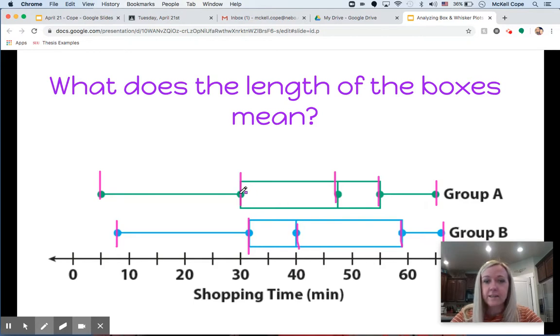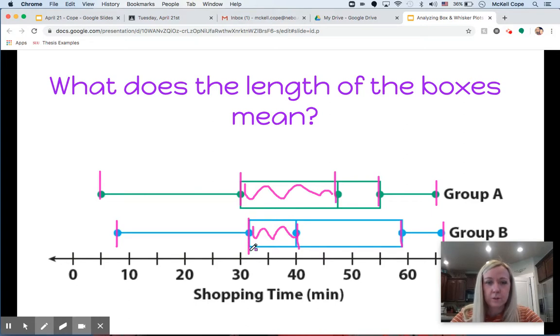So why is it that this box has a longer second quartile than this one? This one right here is much longer than this one, even though they both represent the second quarter of the data. So let's take a look at what that means. This one starts at, we're just going to have to estimate since it's not exactly on a tick mark, probably 32.